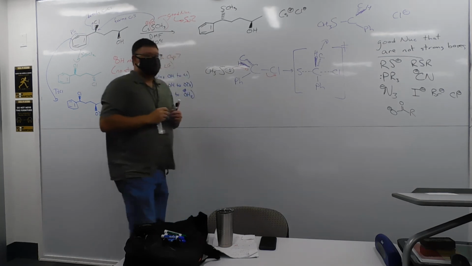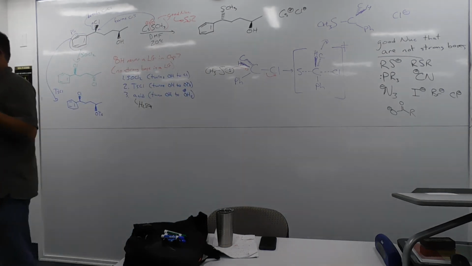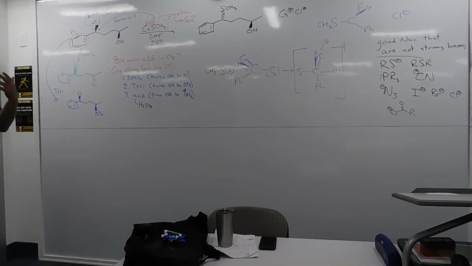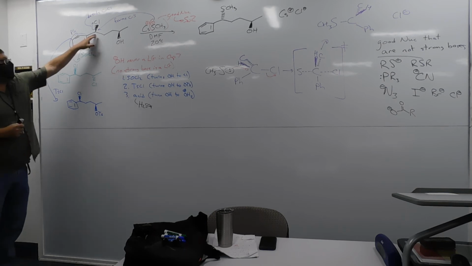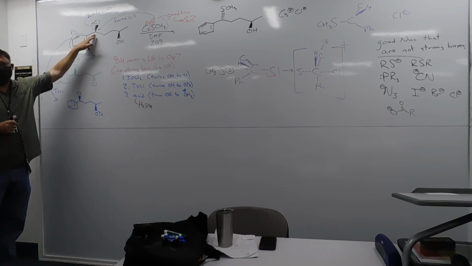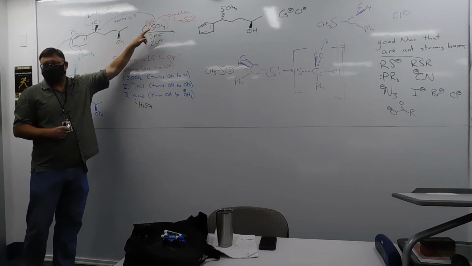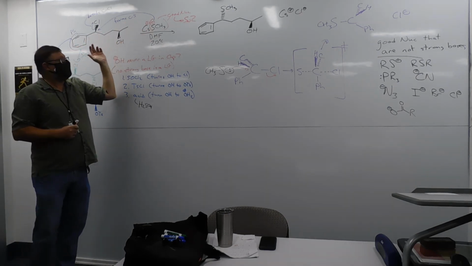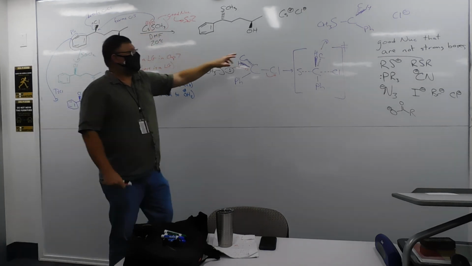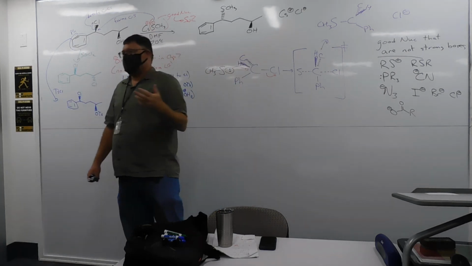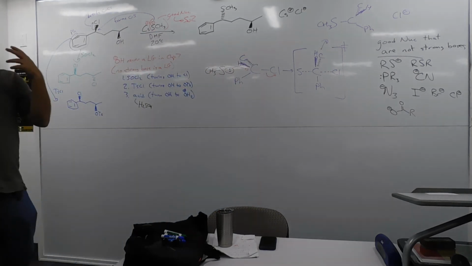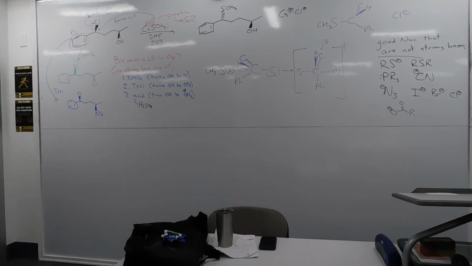And again, the way to judge this, if you think about this as a Lewis acid-base reaction, the Lewis acid is the partial positive carbon, the Lewis base is the sulfur, right, nucleophile, electrophile. So sulfur minus versus chloride minus, which one of those is a weaker base? And it turns out chloride is a weaker base than sulfur.